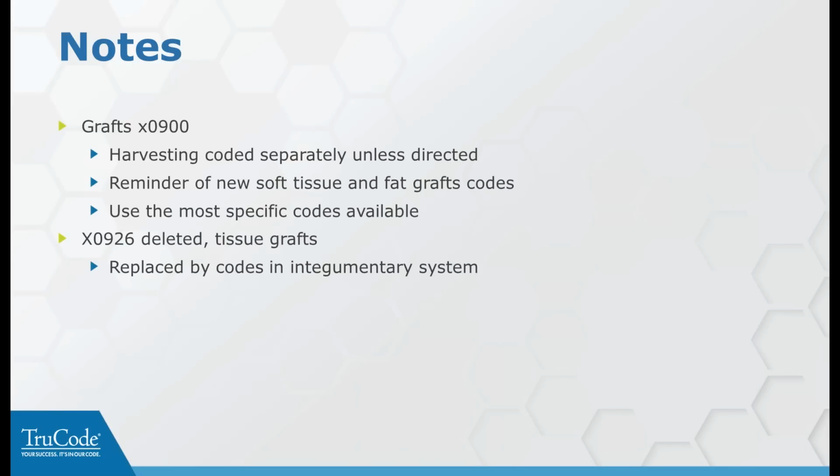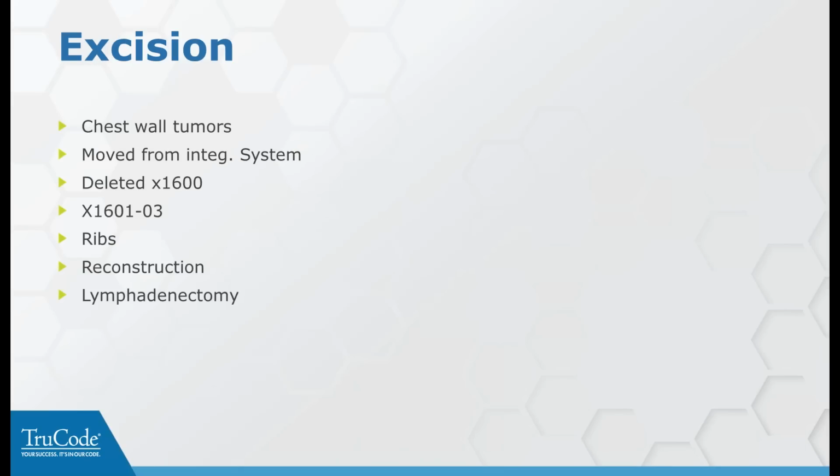But other than that, these are always going to be secondary codes. So the codes didn't change here. It's just a matter of reminder. And it also reminds you here about those new codes we looked at over in the 10,000 section, those codes that started with the 1, for the soft tissue grafts and the fat grafting by liposuction. So there's guidance and cross-referencing to those codes as well.